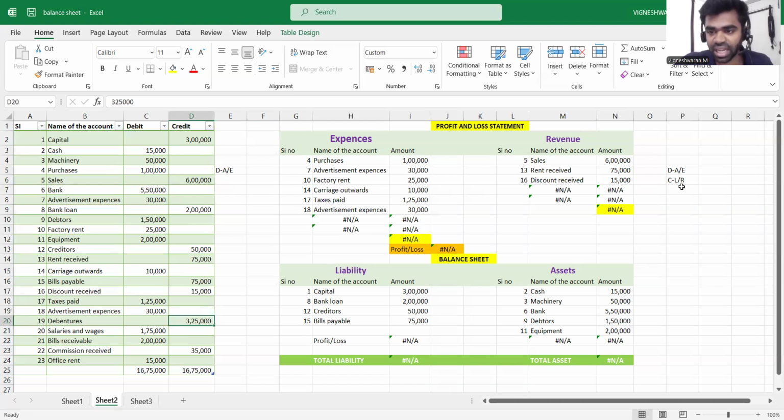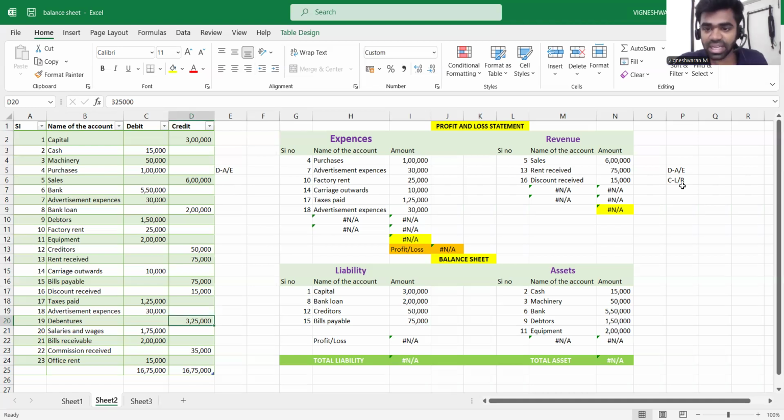Credit means it's either a liability or a revenue. Debentures are similar to bonds. A debenture is also a document where we notify the amount and say that in a certain period we will pay that amount back.